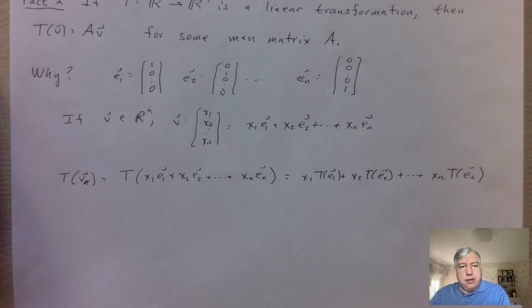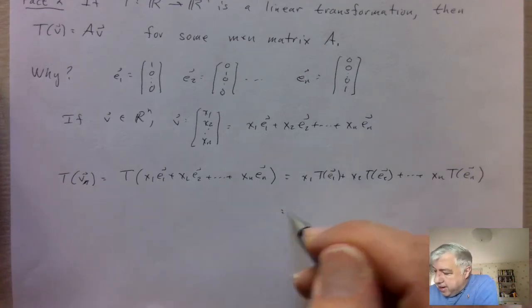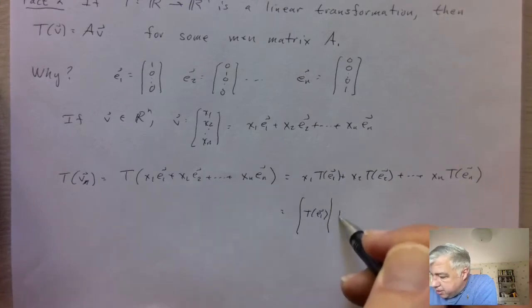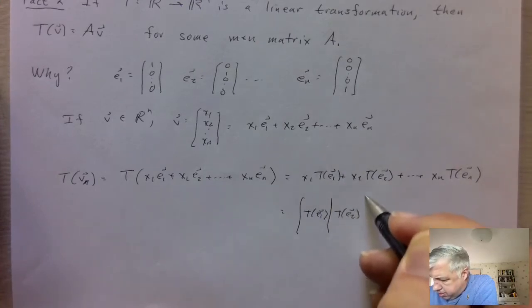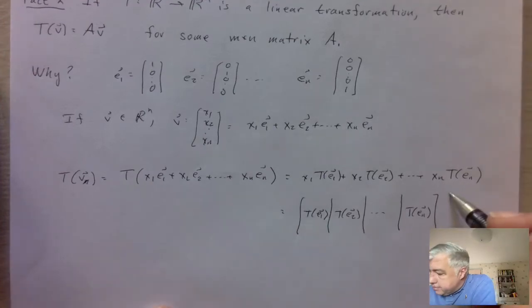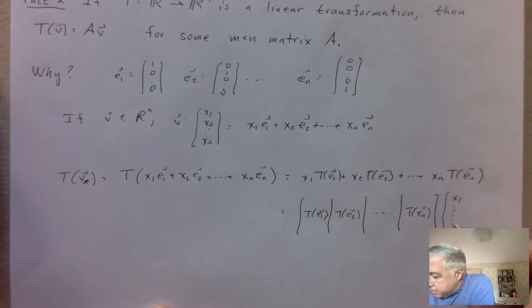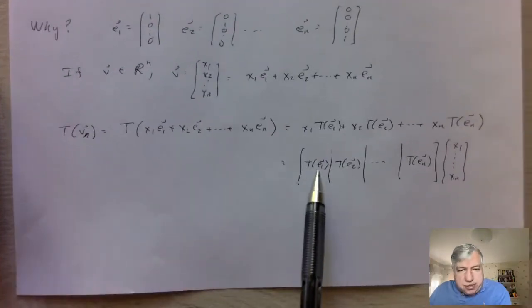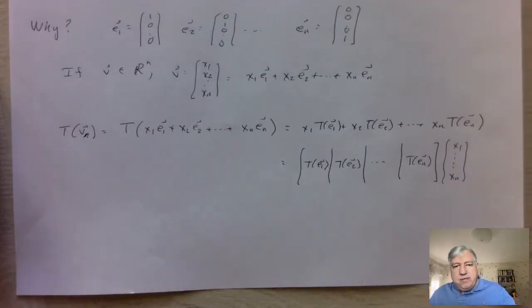All right. Now, okay, so that is that. Now, notice that this, as a matrix, we can actually write this as this matrix, where this T of e1, remember, T of e1 is going to be a column vector with m entries.